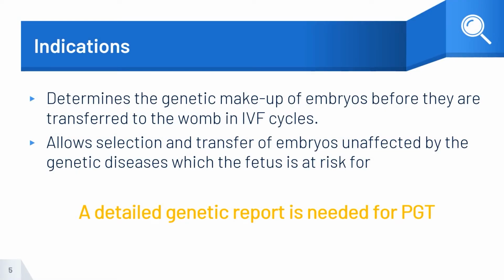PGT can determine the genetic makeup of embryos before they are transferred to the womb in IVF cycles. This allows the selection and transfer of embryos unaffected by the genetic disease, which the fetus is at risk for. Before the start of any IVF PGT procedures, a detailed genetic report is needed.